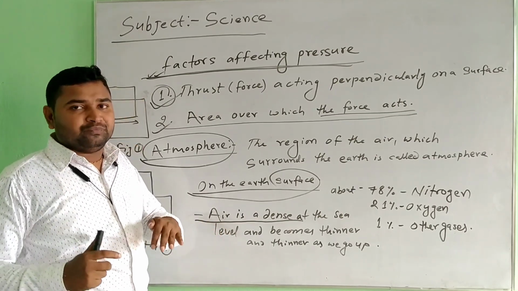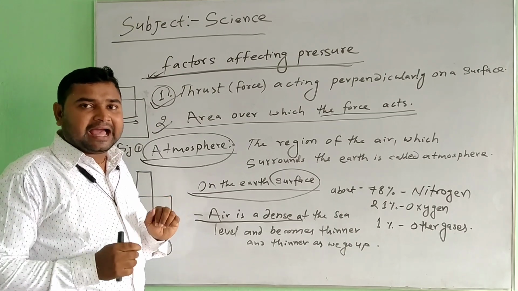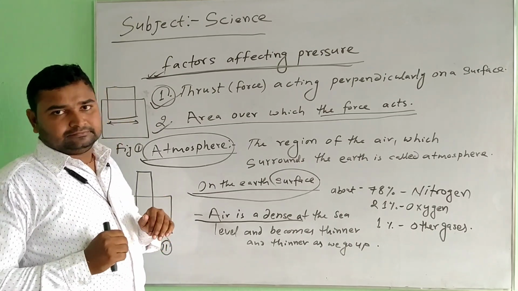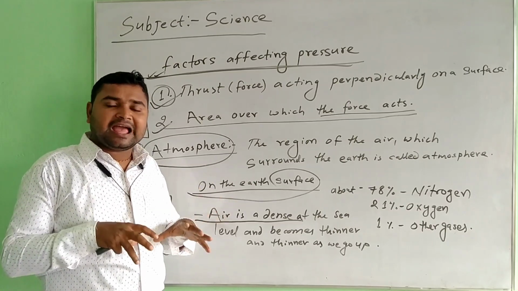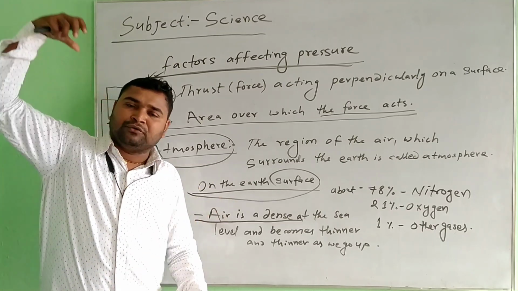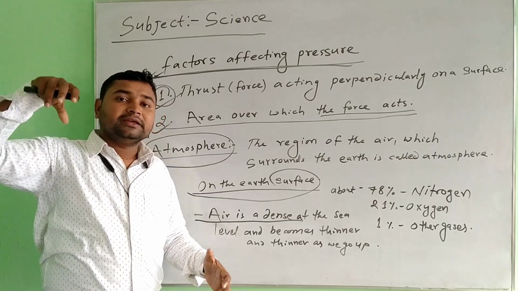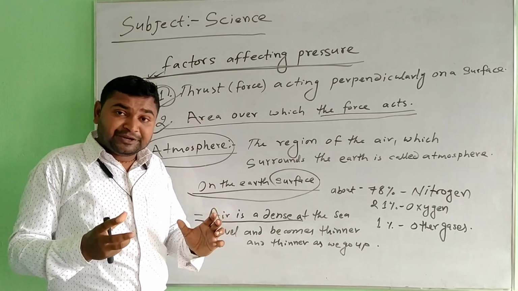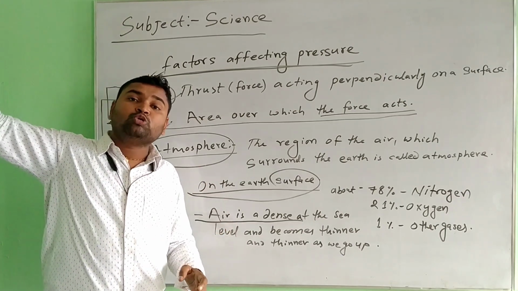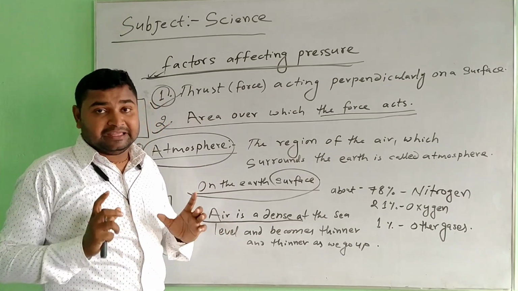Now let's take the example of Sirha. The atmospheric pressure of Sirha and the atmospheric pressure of Sagarmatha Himal are different. In Sirha there is more atmospheric pressure compared to Sagarmatha Himal.